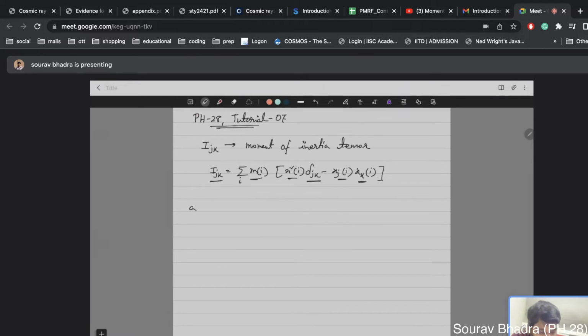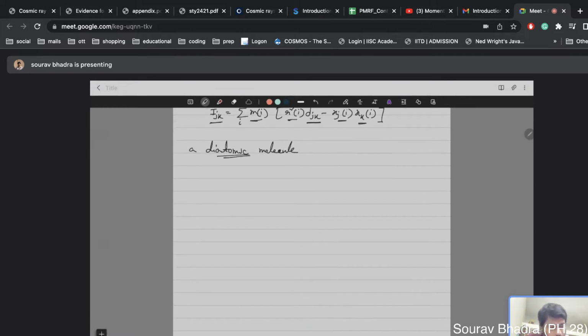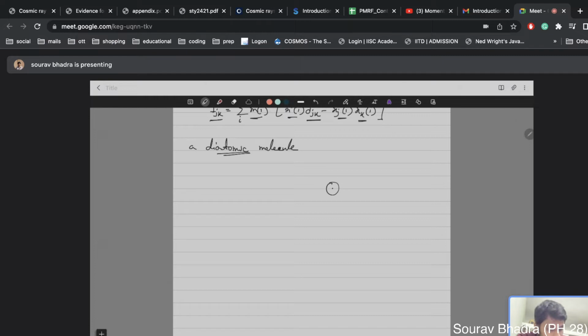At first we will take a simple example of a diatomic molecule. In this diatomic molecule we will consider two atoms like this. This is the x2 axis, this is the x3 axis, and this is the x1 axis. You can write it as xyz also, no problem.